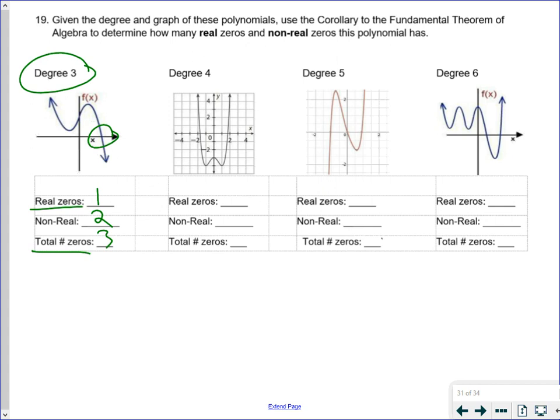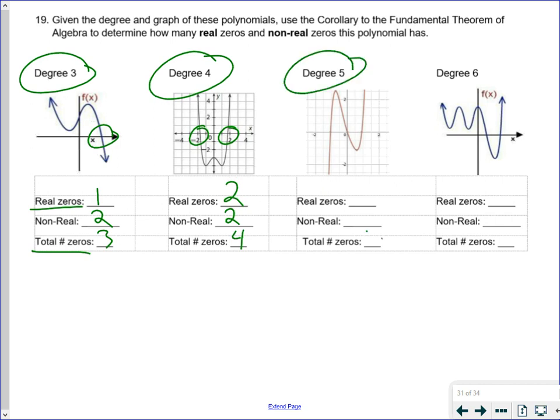Okay. Now for the next one, we have a polynomial in degree 4. So that means our total number of zeros is 4. Our real zeros will be the number of x-intercepts that we have. We have 2 of them. So we have 2 real zeros. And if we have 2 real zeros and we're supposed to have a total of 4 zeros, that means we have to have 2 non-real zeros.